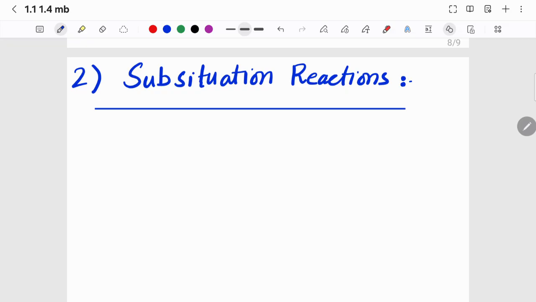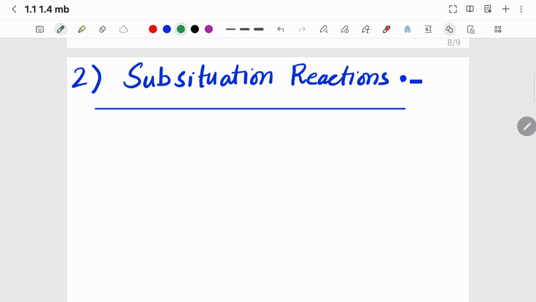Substitution reaction is a very important property and you can say it is the characteristic of an alkane. Alkanes always undergo substitution reaction. So you must remember 2-3 things for this.